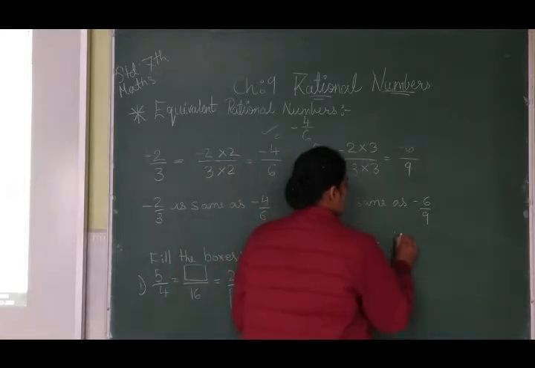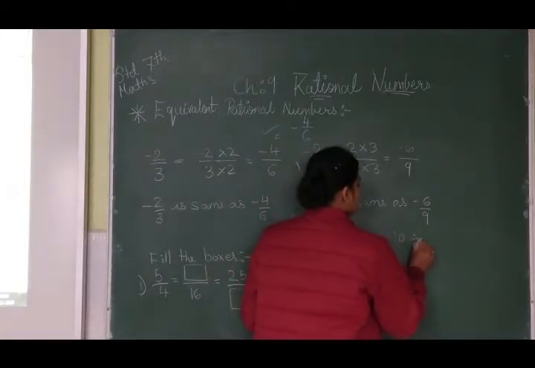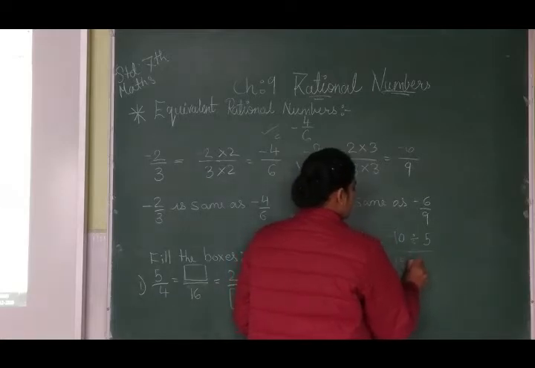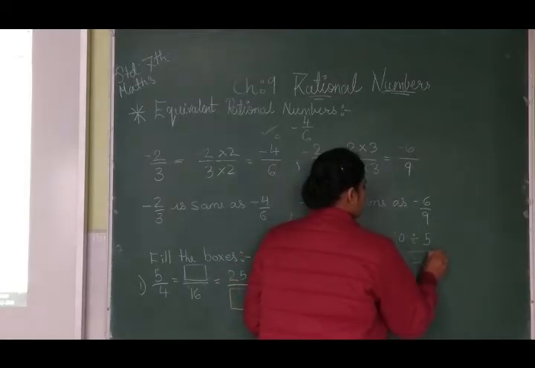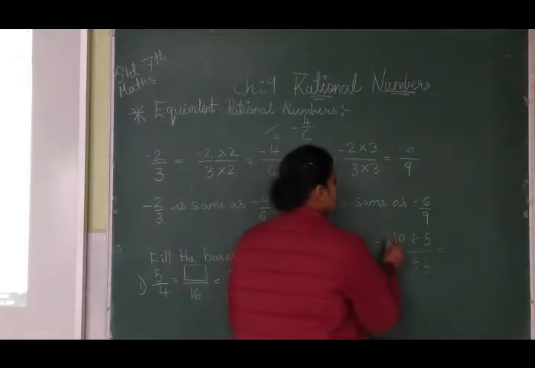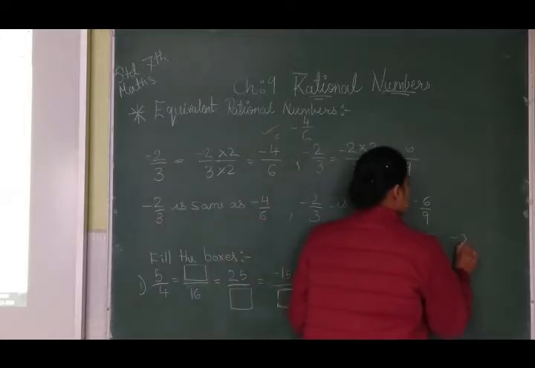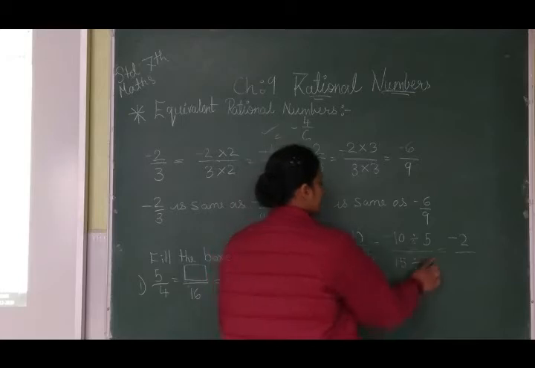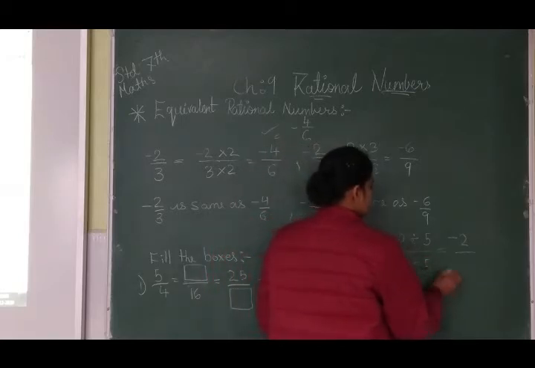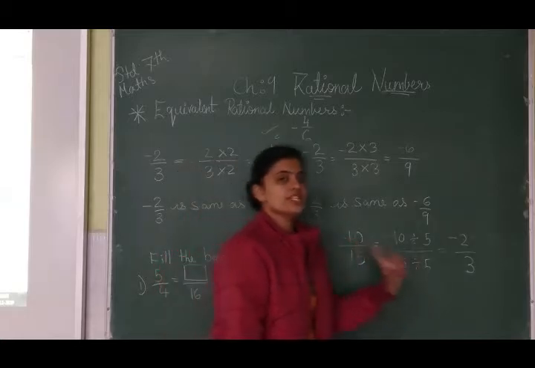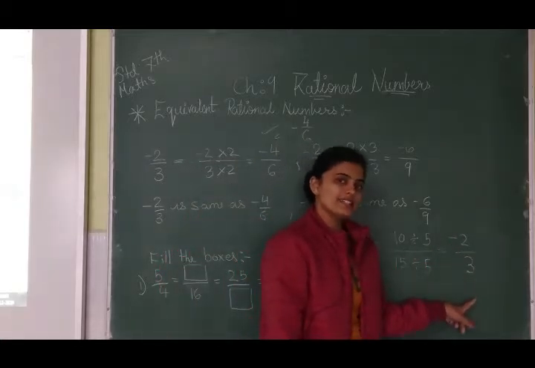So minus 10 divided by 5, 15 divided by 5. What will be the answer? Minus 10 divided by 5 is 2, but it will be negative because we are dividing minus 10. So minus 2, and 15 divided by 5 is 3. So here you can see minus 10 by 15 is equal to minus 2 by 3.